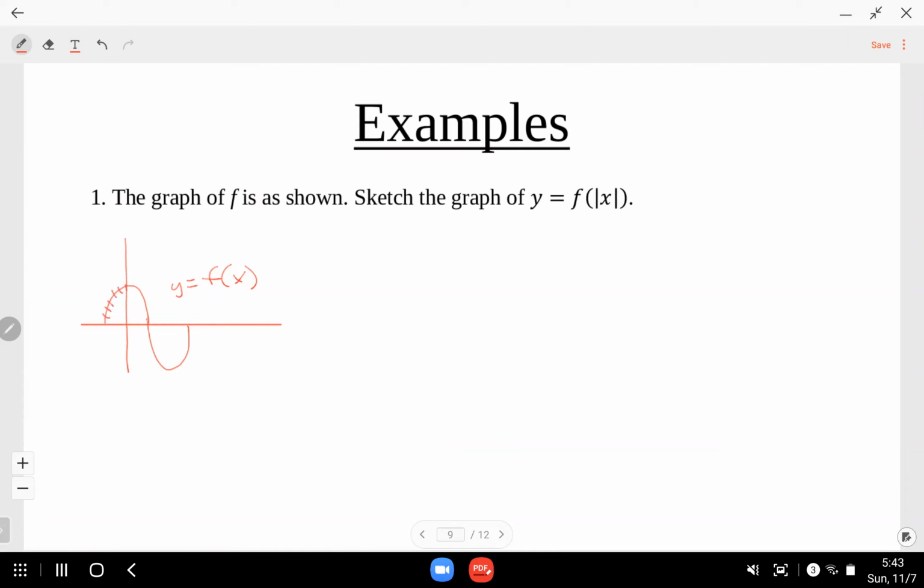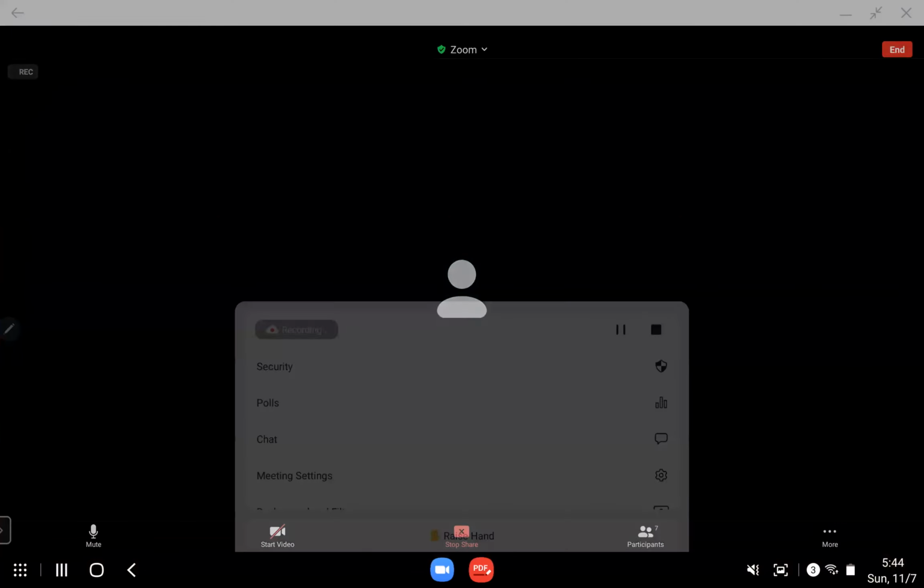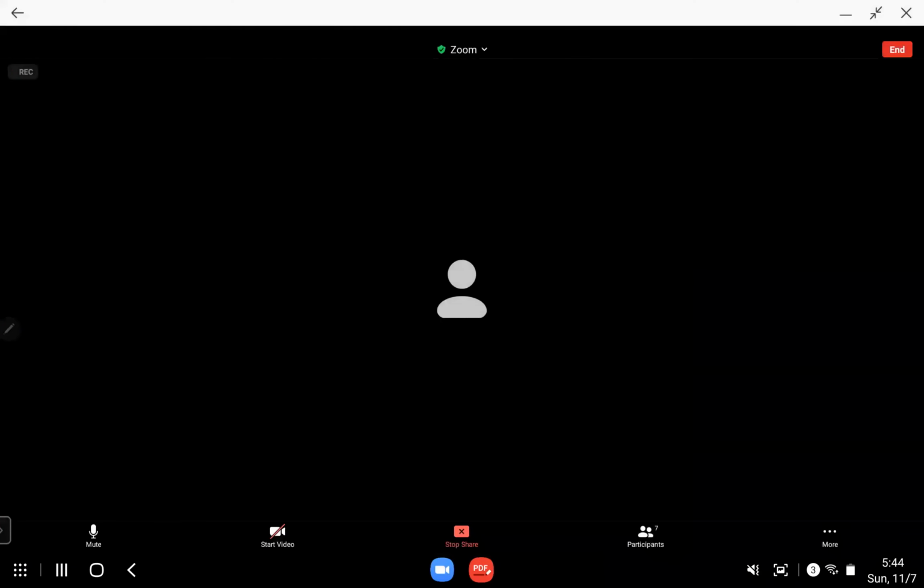We're getting the absolute value of x. So the answer to this, since we're going to reflect it, would be this. All right. So are there any questions on how we obtain this graph? No questions? Hopefully not yet.